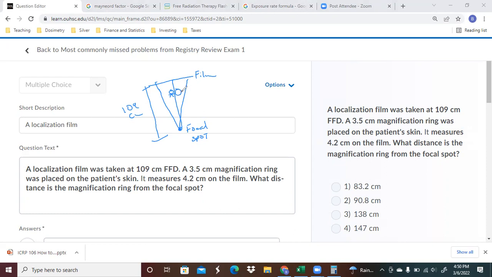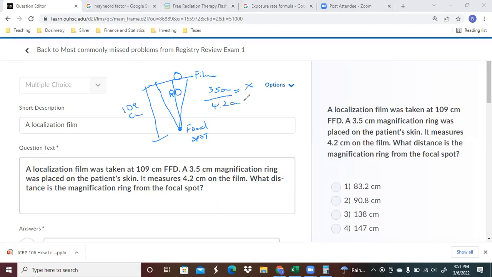We know that this is 3.5 cm. We also know that the dimensions of the ring out here, which is a little bit larger, is going to be 4.2. So we know that the ring is 3.5 cm at a certain distance. We don't know yet what that distance is, which we're trying to find out.